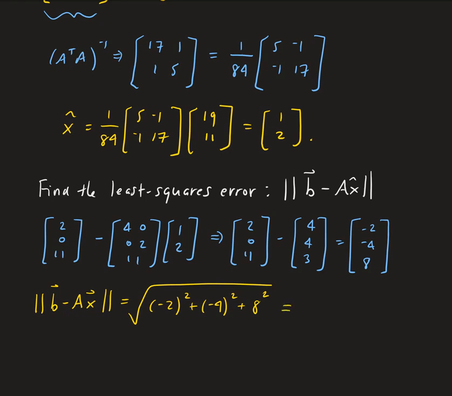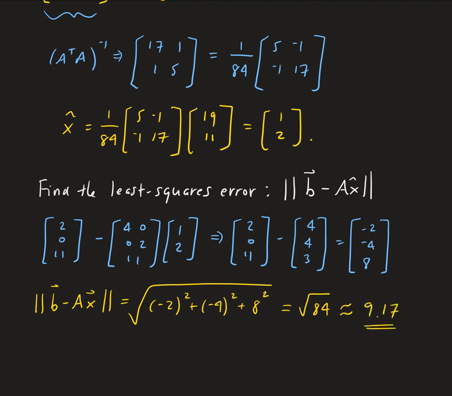So let's do a calculation here. We get the square root of 84, which is approximately 9.17, rounded to 2 decimal places.